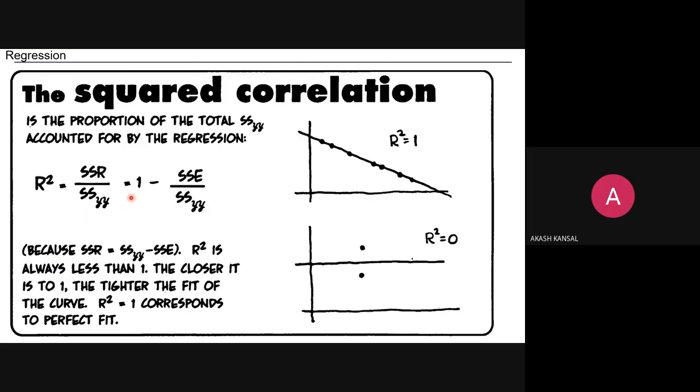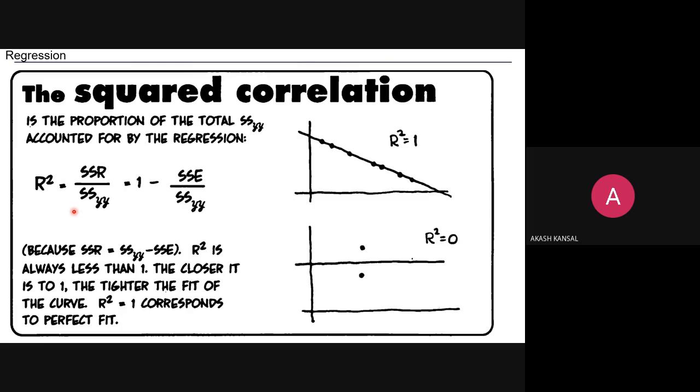Or we can also see this is equal to 1 minus SSE upon SYY. This is R squared, which we call the squared correlation, not the correlation coefficient, my bad.